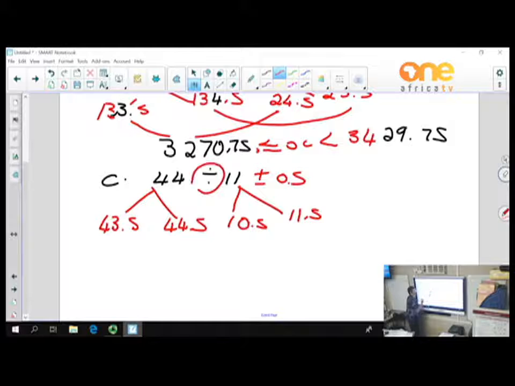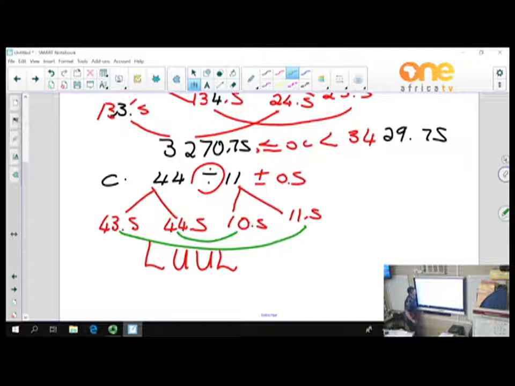But because it is division now, it will be lower, upper, upper, lower. What do we mean by that? The lower one divided by the upper one and the upper one divided by the lower one. Lower, upper, upper, lower. This is what we mean.